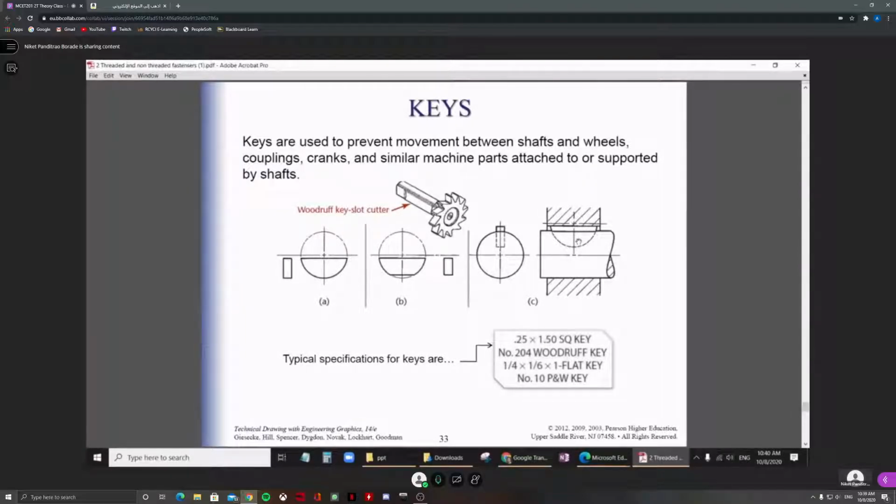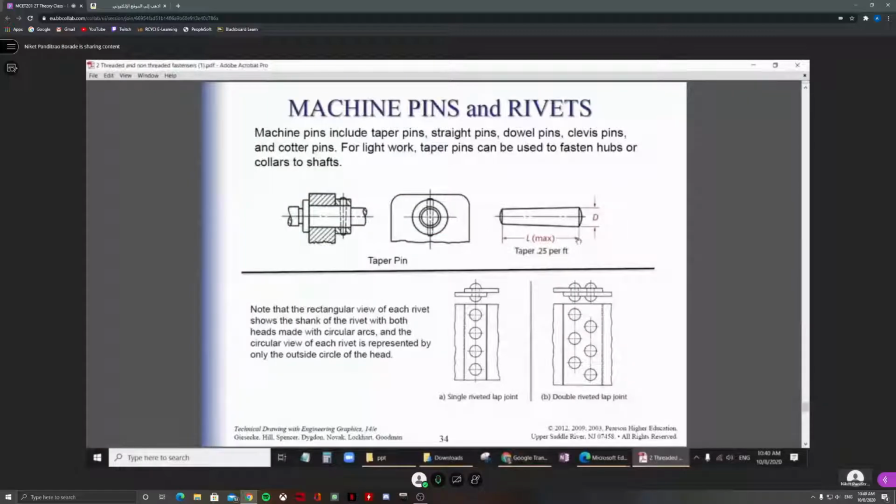These are the non-threaded fasteners. Some pins also are there. Their pins also are non-threaded fasteners. Rivets also are there. Rivets are a permanent joint, but once you break it, it is done. And they use a hammer, press hammers. Generally the rivet is made from softer metals, so that it is easy to reshape.